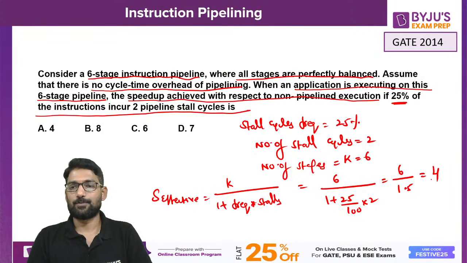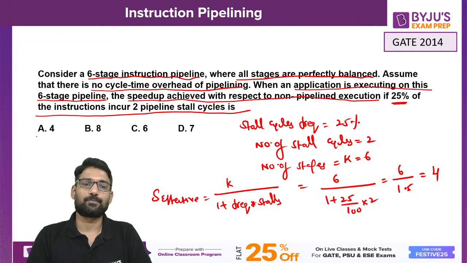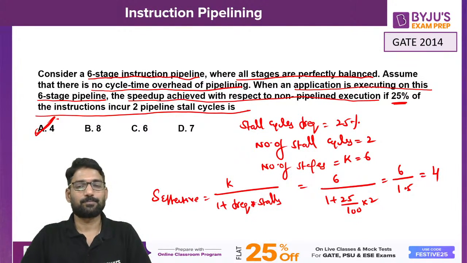So that is 4. Got it? So this is how we calculate the speed up with respect to stalls over non-pipelined execution.